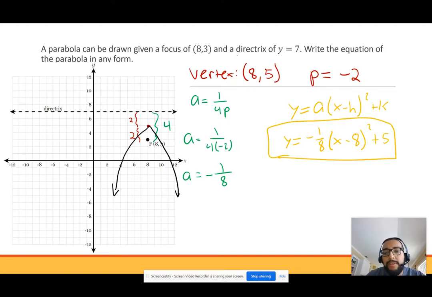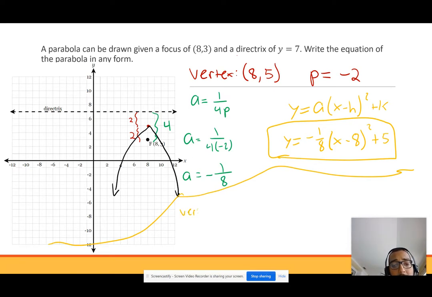And with these examples, notice I didn't really give a vertex with a negative x value. So let's say something different. I'm making this up on the spot. If I had a vertex of (-5, 3), and let's say the same a value, negative 1 over 8, the inside would now be x plus 5 squared, plus 3.